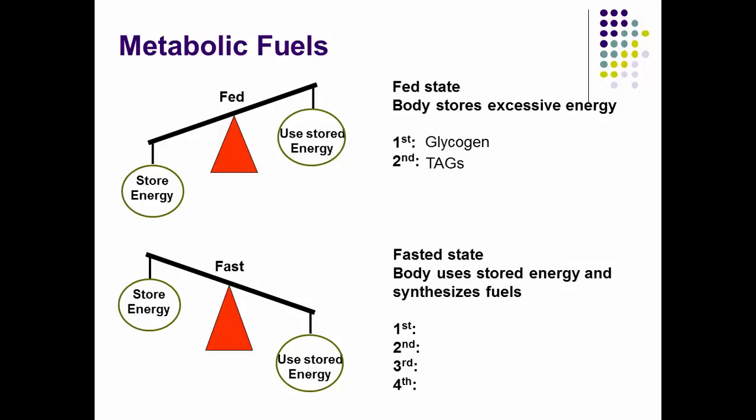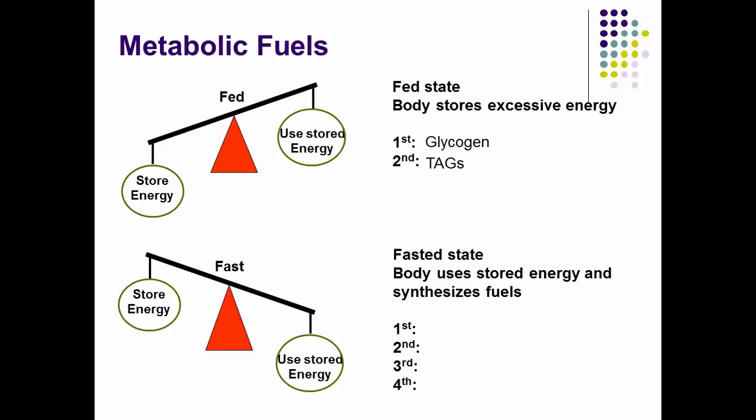And in fasting conditions, what our body needs to do is mainly to spare glucose, because the normal range of glucose levels is very important for the brain and other tissues, and also to spare amino acids. So during the fasting, sparing glucose and sparing amino acids are the main things.